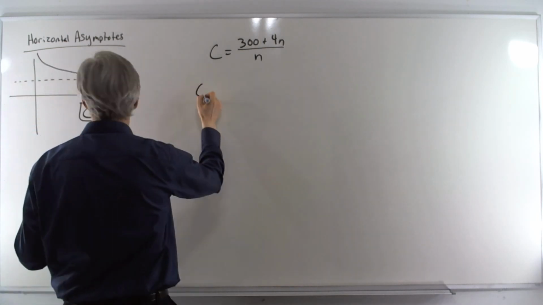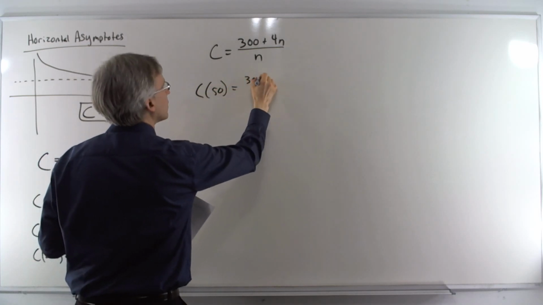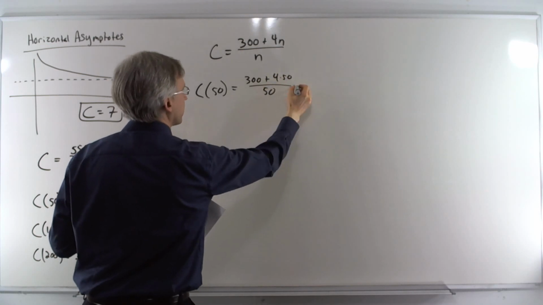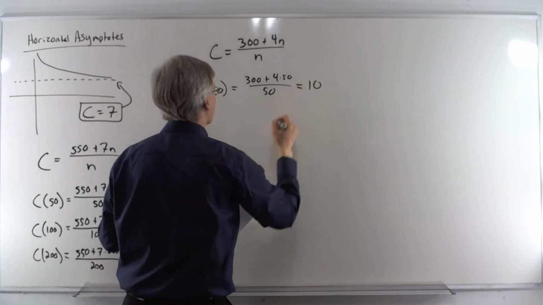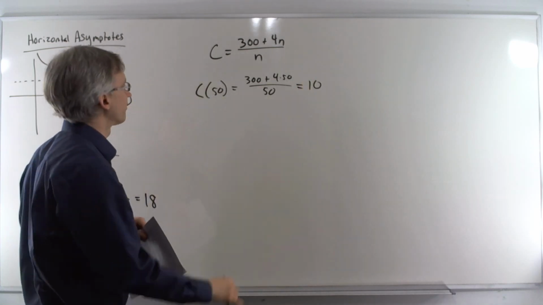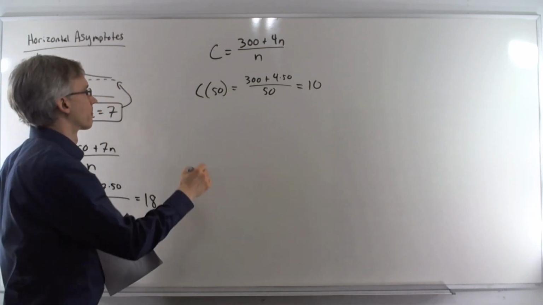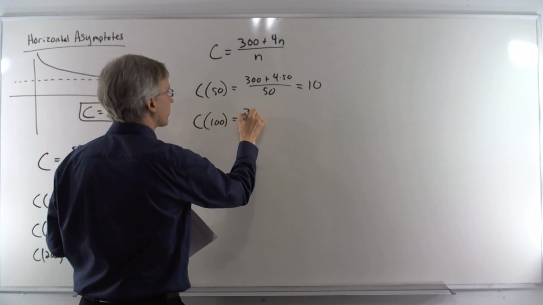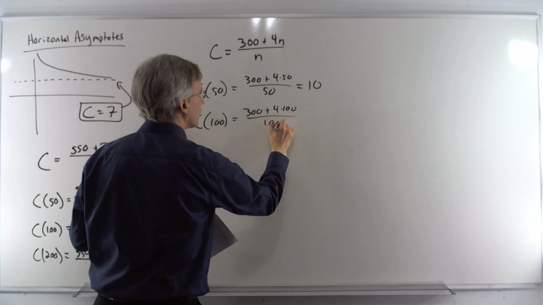So we use the same numbers as we did over here. 50, so that gives us 300 plus 4 times 50 over 50, and that is 10. So if we have 50 guests, it's going to cost $10 per guest. C of 100, that would be 300 plus 4 times 100 over 100.